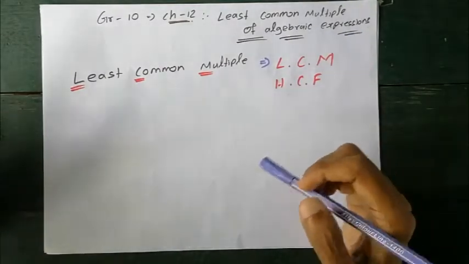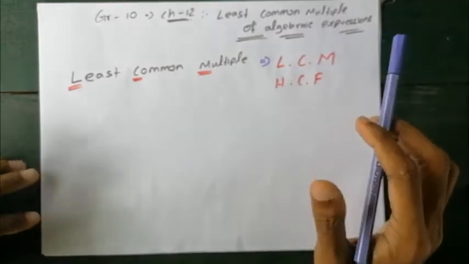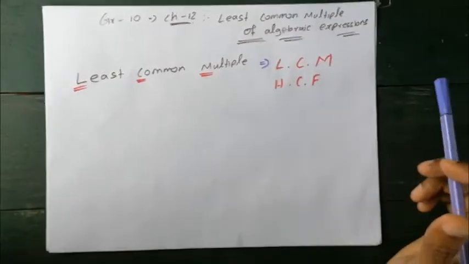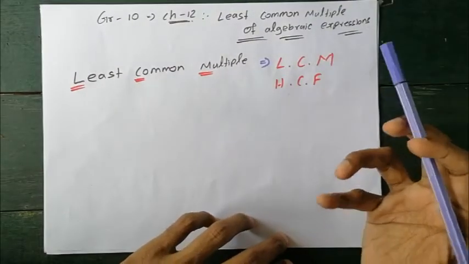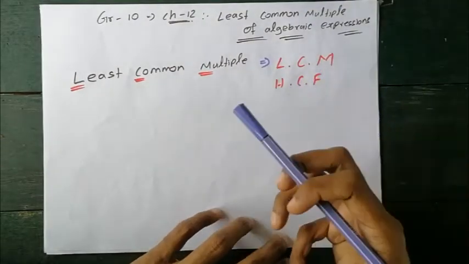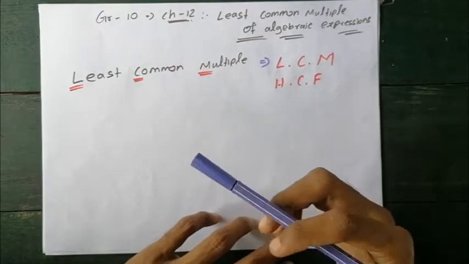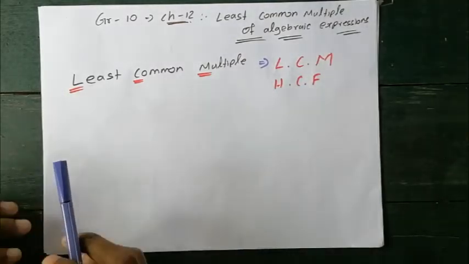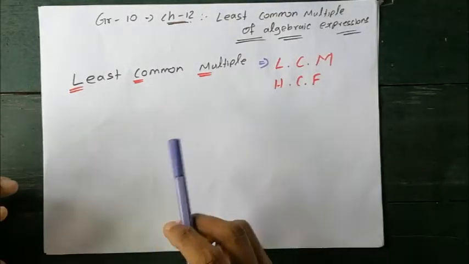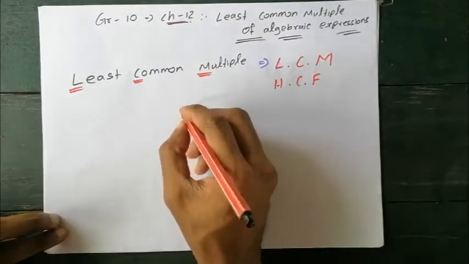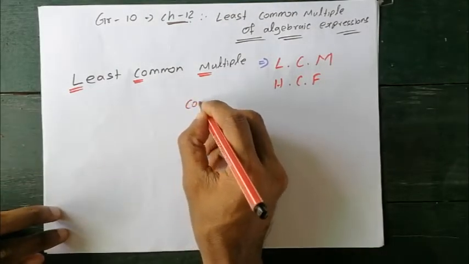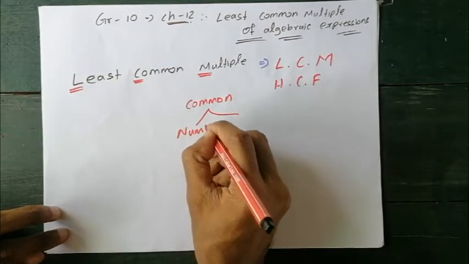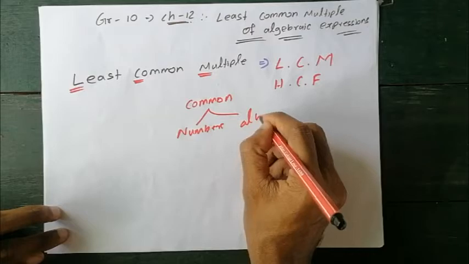Before going to algebraic expressions, we are going to recall what we studied about numerical values, the LCM of numbers. We studied a method, but in this lesson you are going to change the method to one that is common for numbers and algebraic terms.